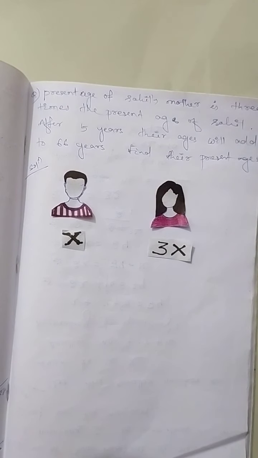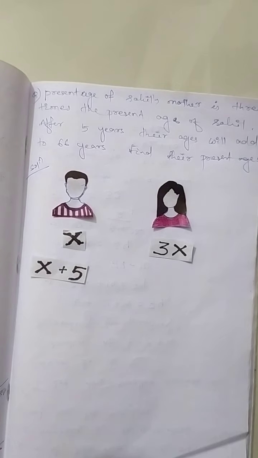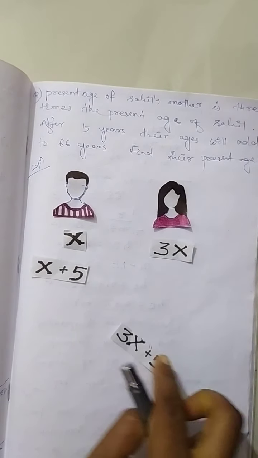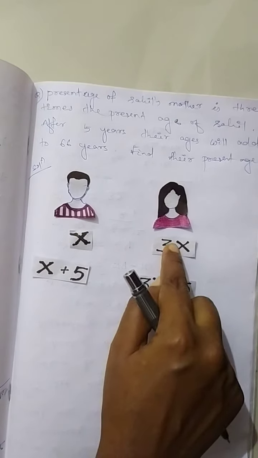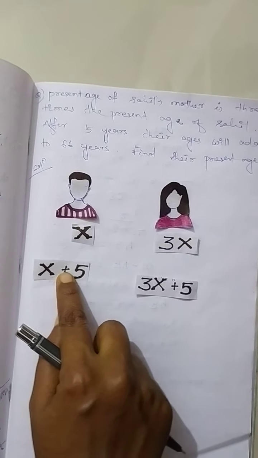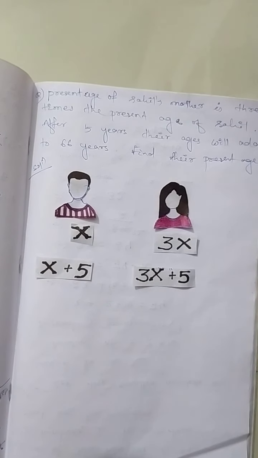After 5 years, Sahil's age will be x plus 5 and his mother's age will be 3x plus 5.